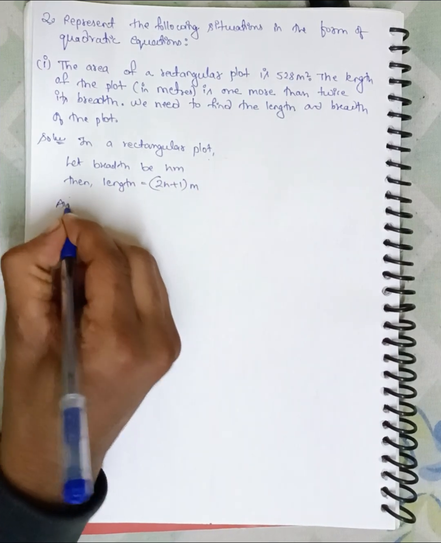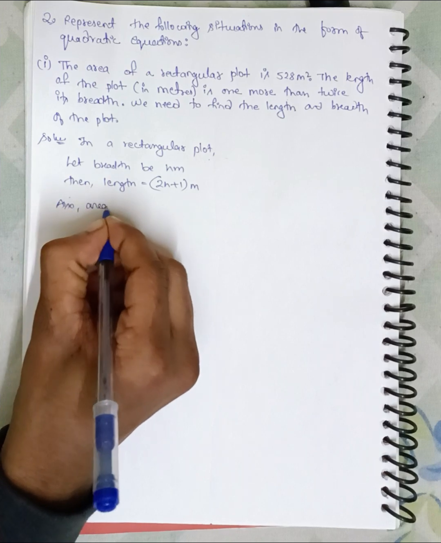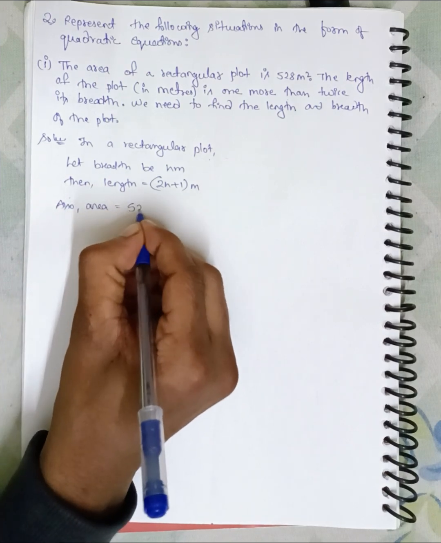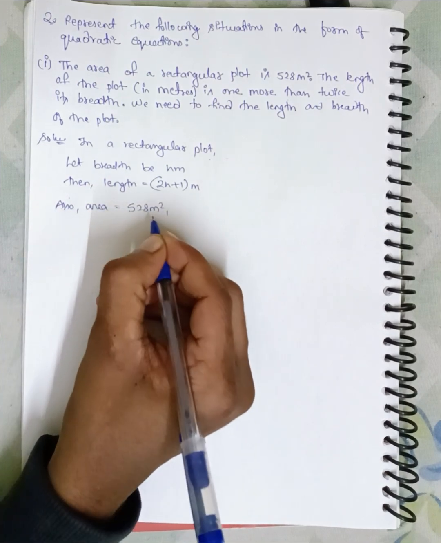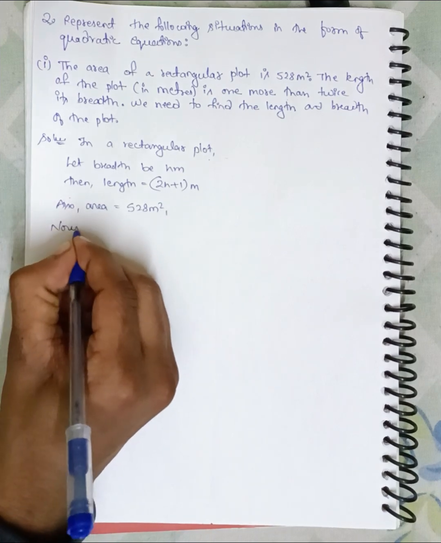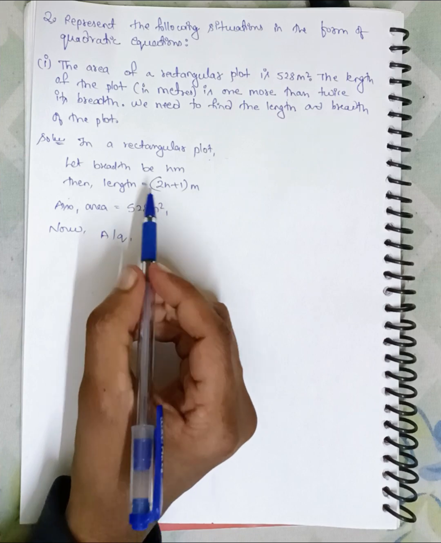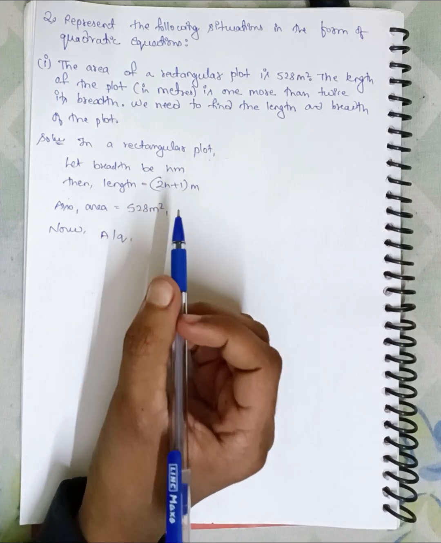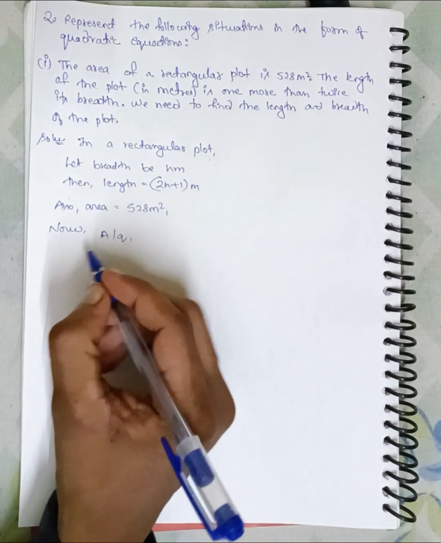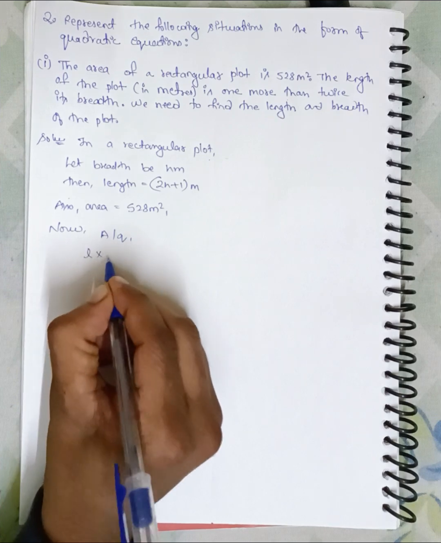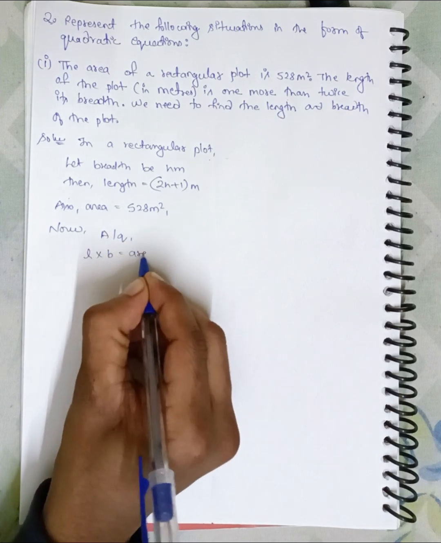Now also we are given the area, that is 528 meter square. Now you can write according to the question. In order to find the area of a rectangle, we need to multiply length into breadth is equal to area.